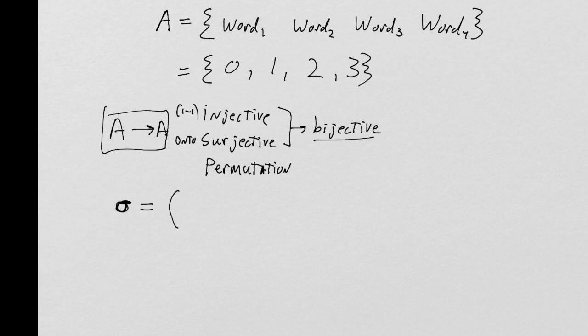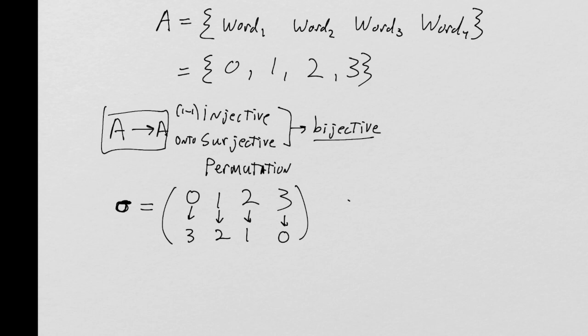But the most common introductory way to do this is we just explicitly state the mapping, right? We say that 0 goes to, and then I'll pick another mapping, say 3, 1 goes to 2, 2 goes to 1, and 3 goes to 0, right? And these little arrows here indicate that the top row is going to the bottom row.